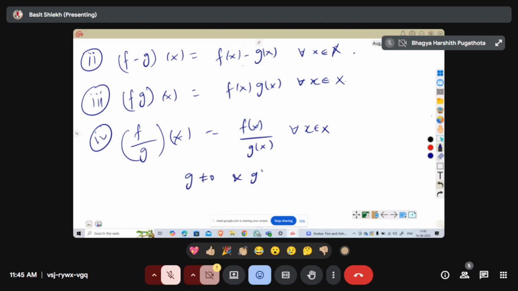Is this clear? Algebra of functions holds on them, and they should have a common domain.